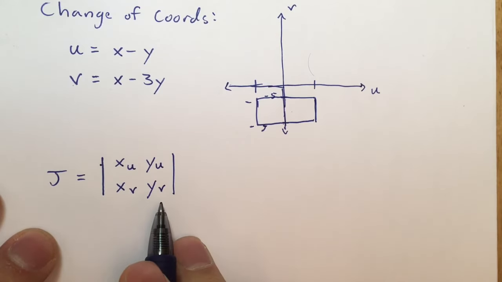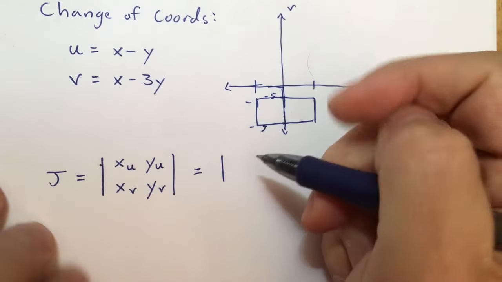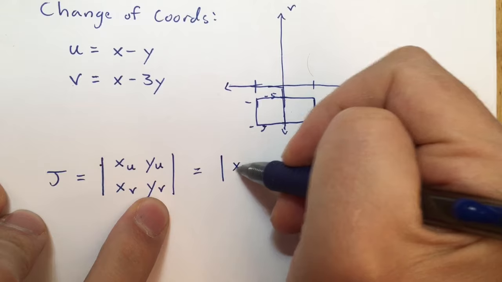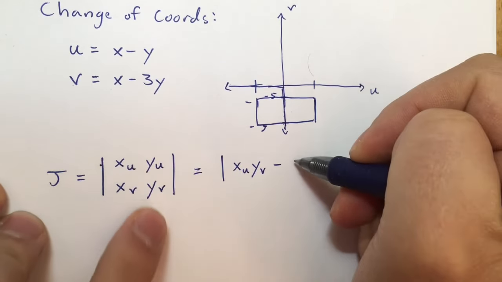It's the absolute value of this determinant, right? So it's the absolute value of x_u y_v minus x_v y_u.